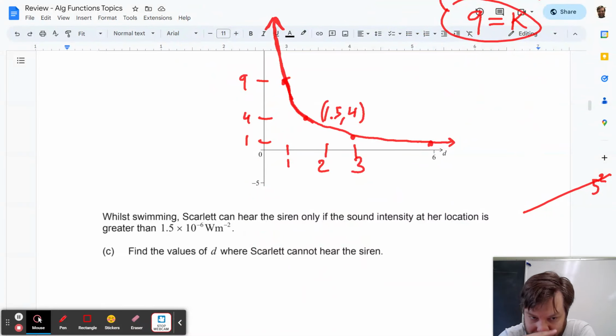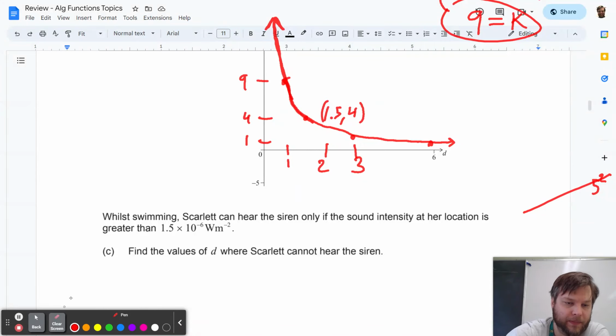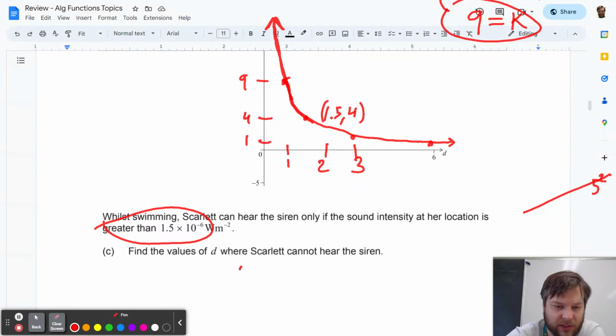Last part. While swimming, Scarlett can only hear the sound if the intensity is greater than 1.5 times 10 to the negative 6. So that's my intensity. Okay. So I want the sound intensity to equal 1.5 times 10 to the negative 6.